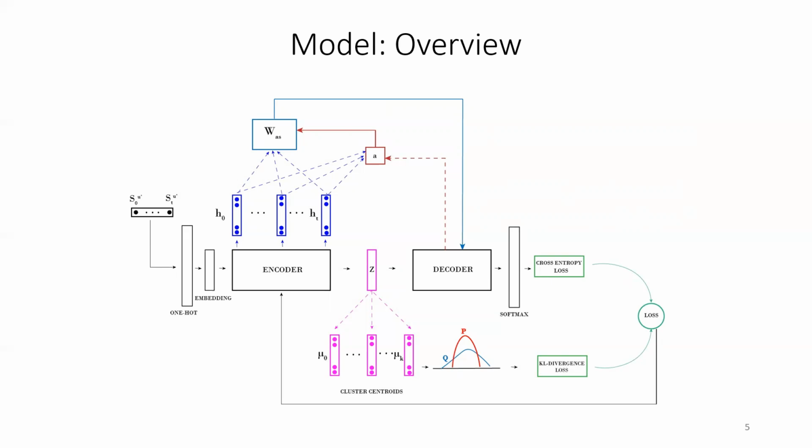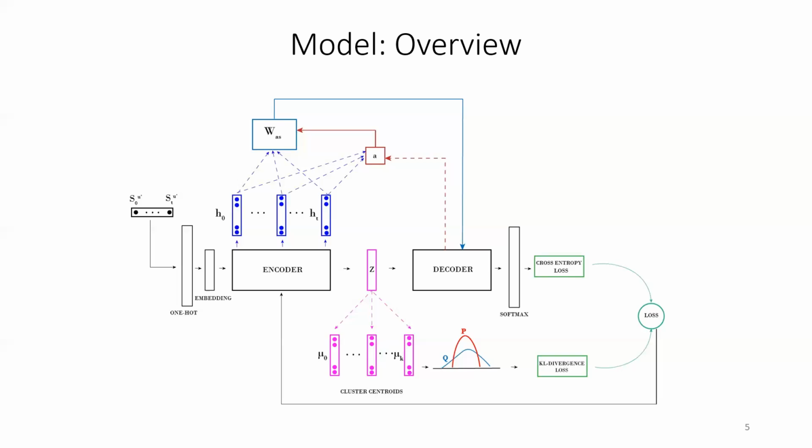In this model, the encoder-decoder framework is composed of 2 GRU, gated recurrent neural network modules. At the top of this module is fitted a neural attention mechanism to help focus the learned representation on specific parts of the input sequence. And at the bottom of the diagram is the deep embedded clustering component.